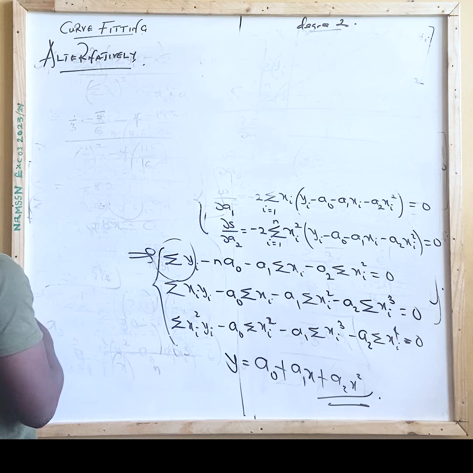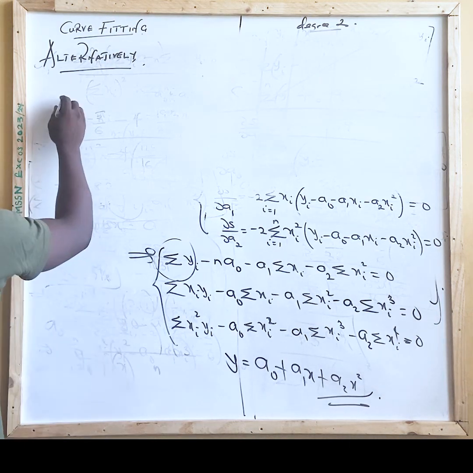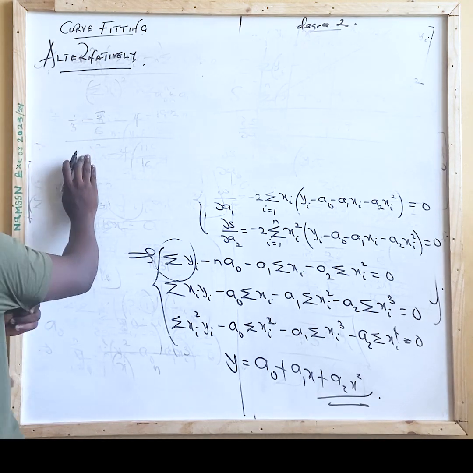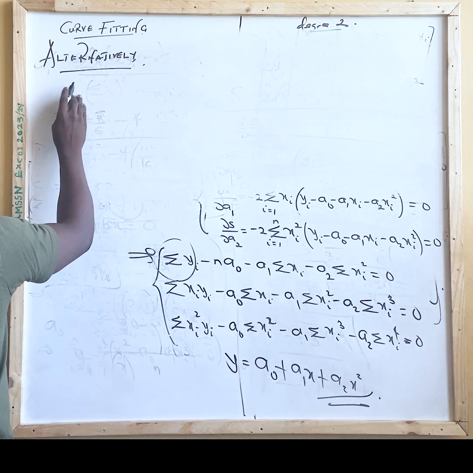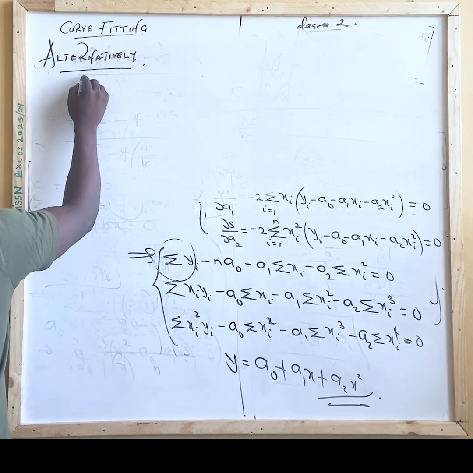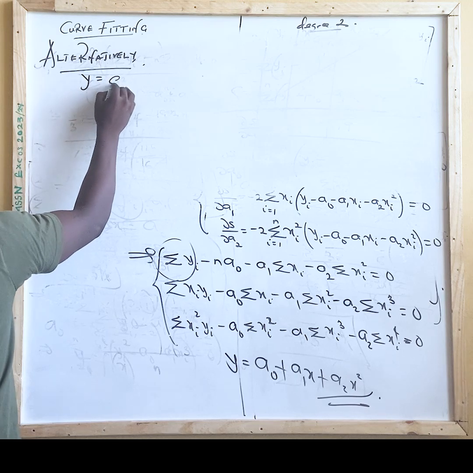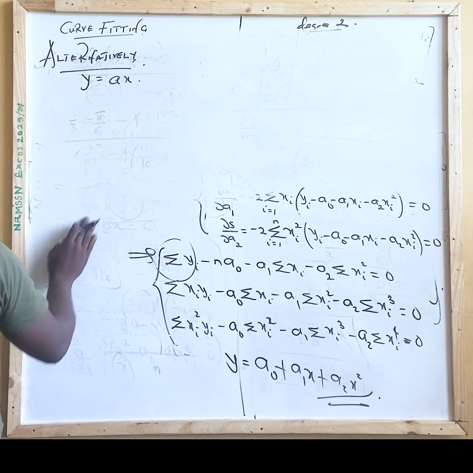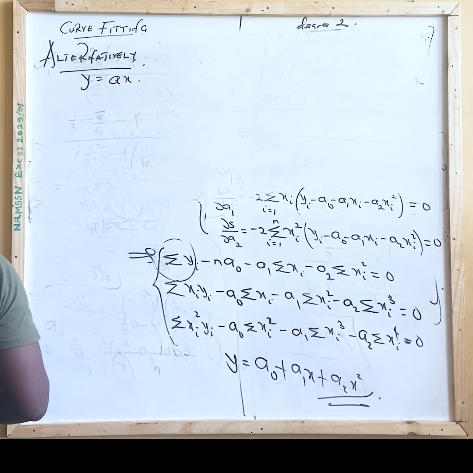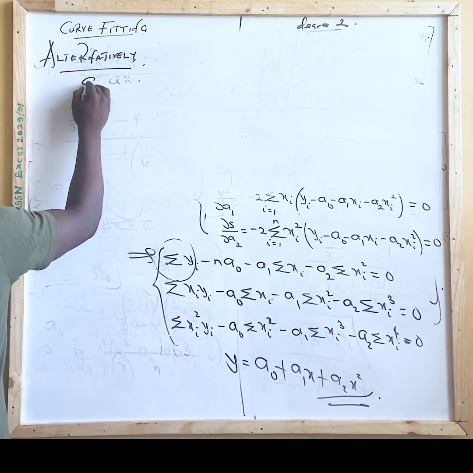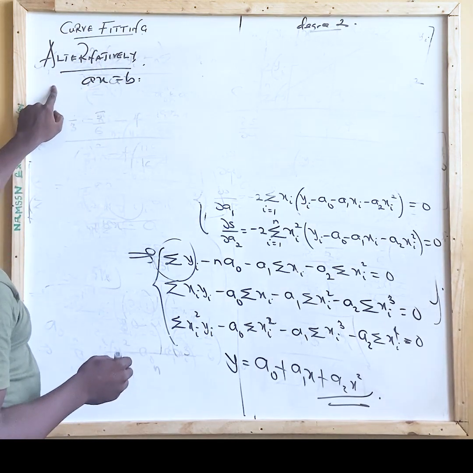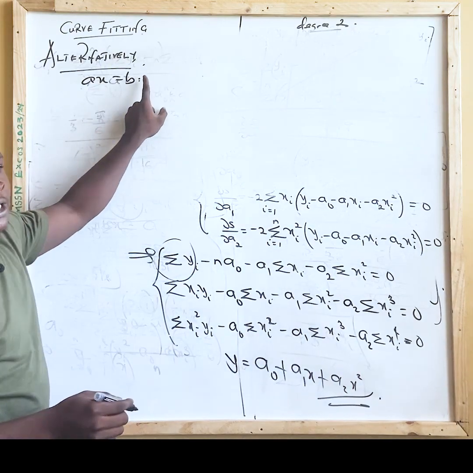The formula is quite simple. We will be using the matrix approach. Remember when we did our linear algebra, we said that a system of linear equations can be written in the form Ax = b, where A is the matrix of coefficients and b are the constants.